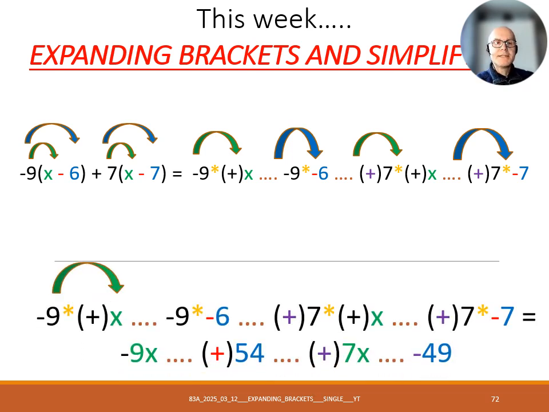Negative 9 times positive x equals negative 9x. Negative 9 times negative 6 is positive 54. Positive 7 times positive x is positive 7x. And positive 7 times negative 7 is negative 49.